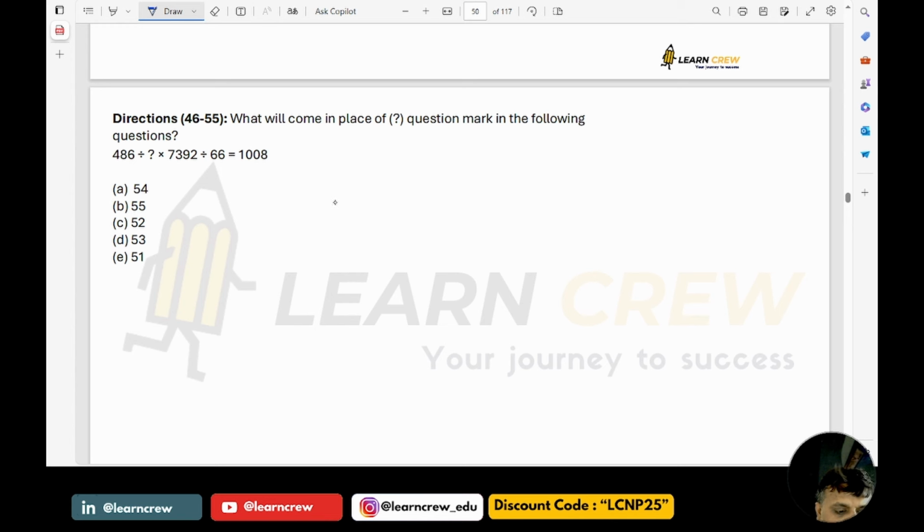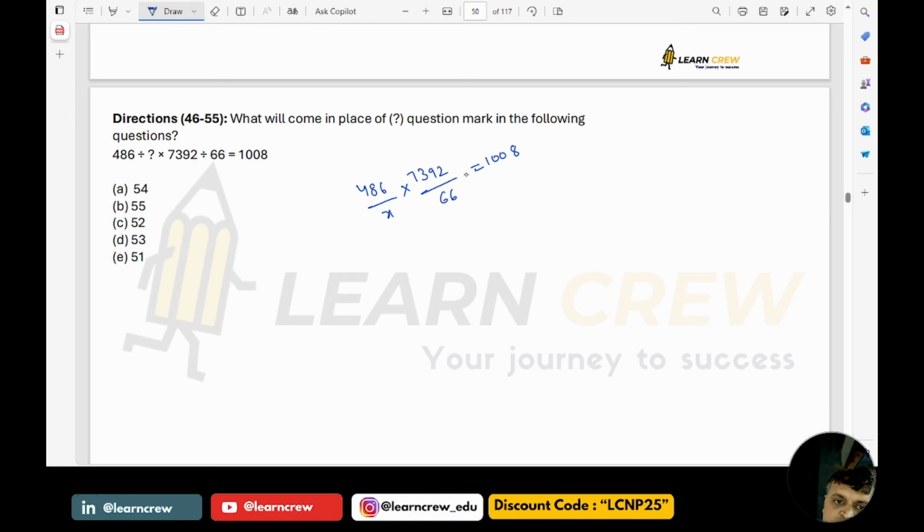486 into 486 divided by x into 7392 divided by 66 is equal to 1008. So if you see here, what can be the observation? 486 by question mark.